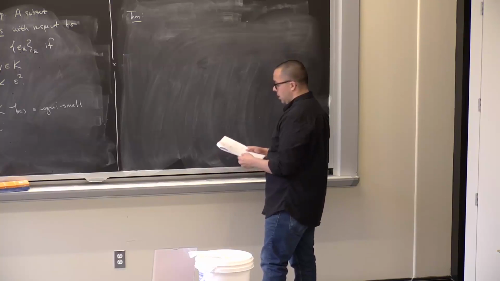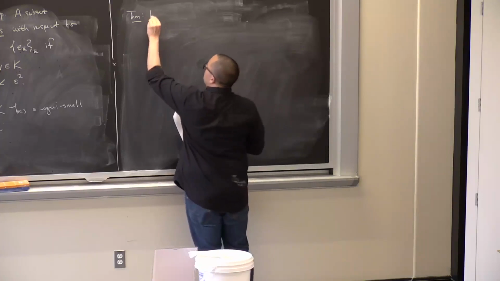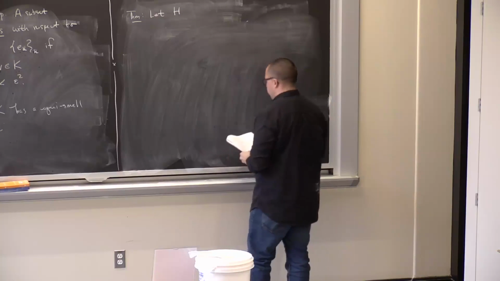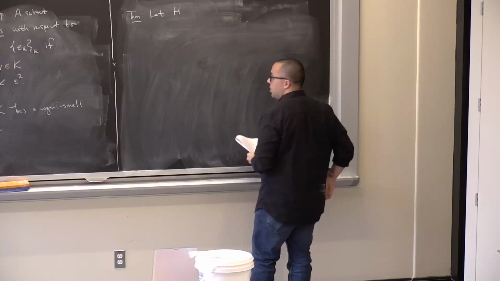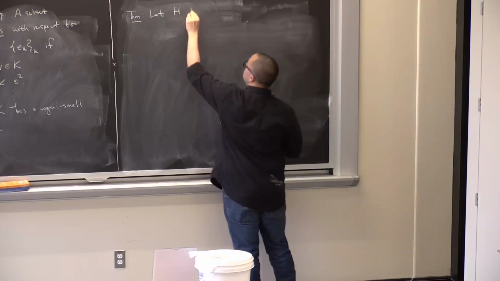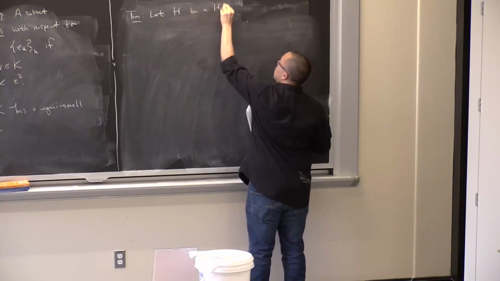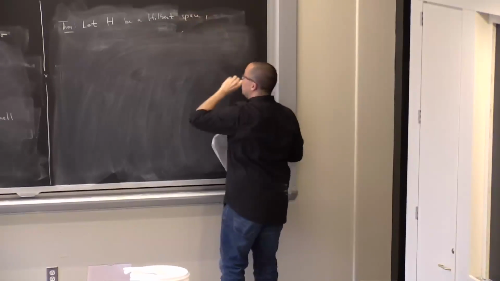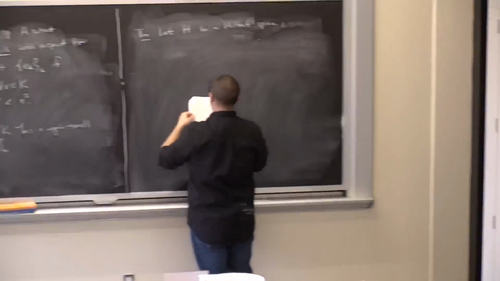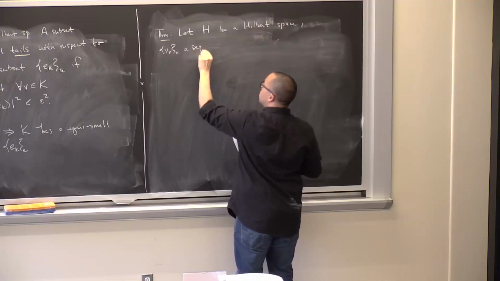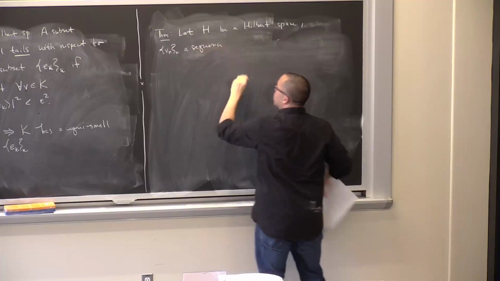But one more bit of motivation on why this might be the right extra condition to add to closed and bounded to produce compact sets is provided by the following. So again, let H be a Hilbert space and v_n a convergent sequence.